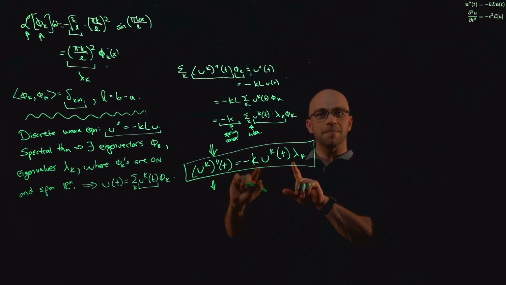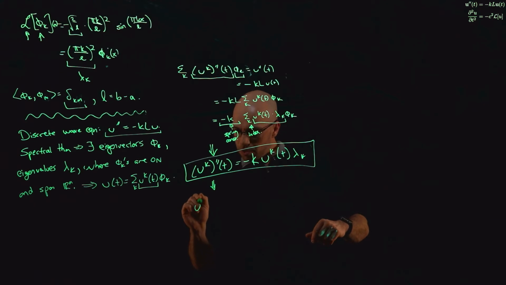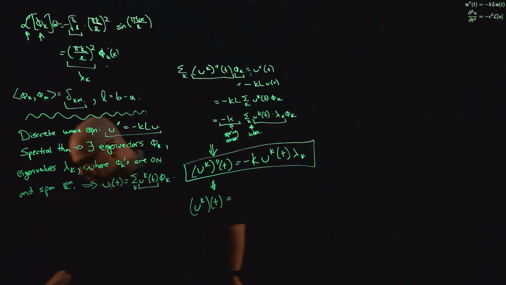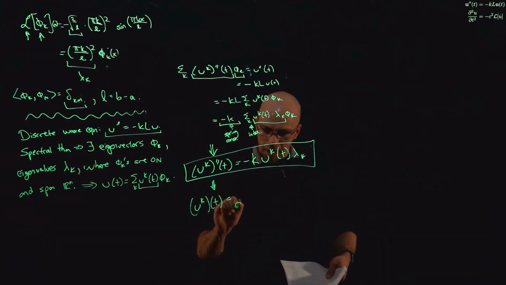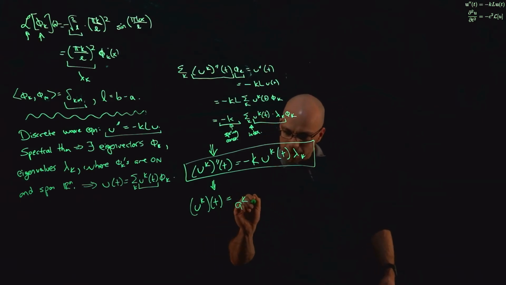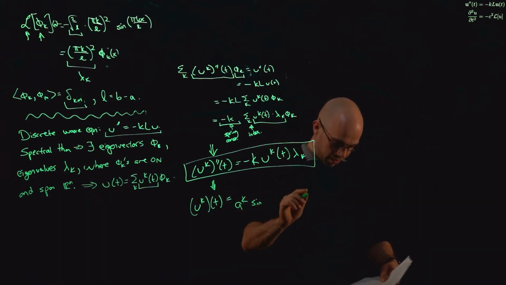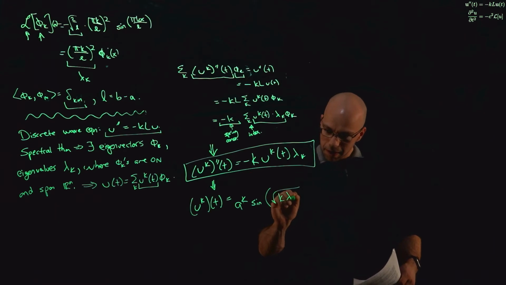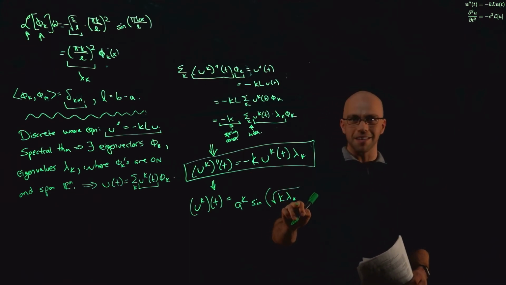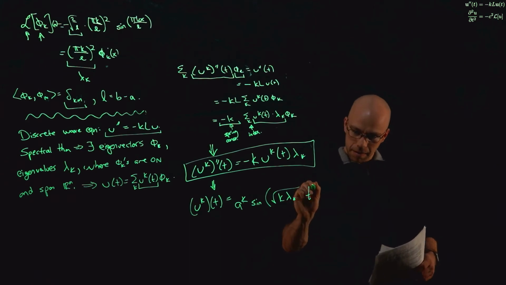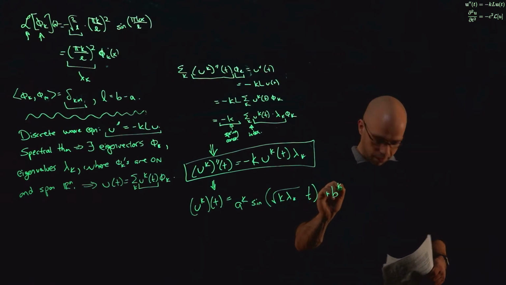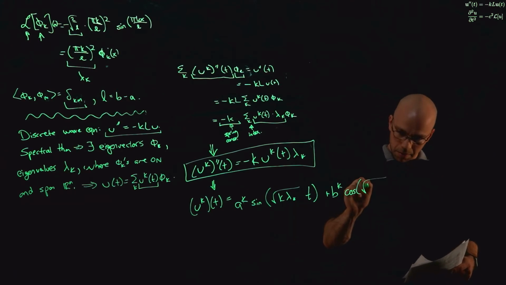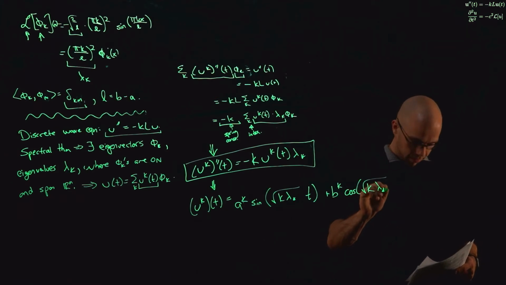I've eliminated space, so I can write uk of t is equal to some coefficient ak times sine of, let's see, it's going to turn out to be the square root of k lambda k, where k is the spring constant and that's the index, times t plus bk cosine of the square root of k lambda k t.